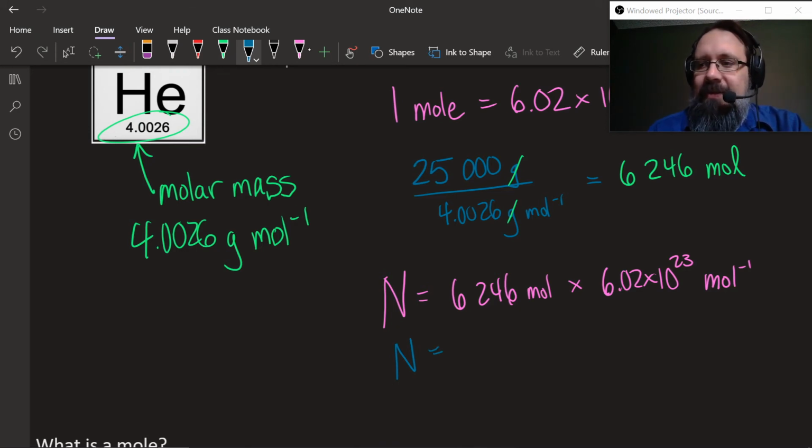So I'm going to take that 6,246. I'm going to multiply it by 6.02 times 10 to the 23rd, the Avogadro's constant, and I get this number, 3.76 times 10 to the 27 atoms or molecules.